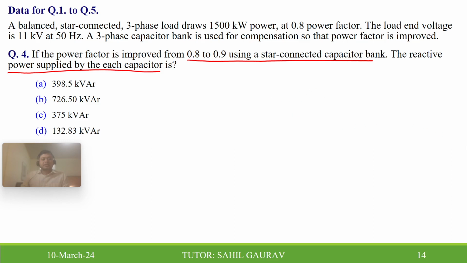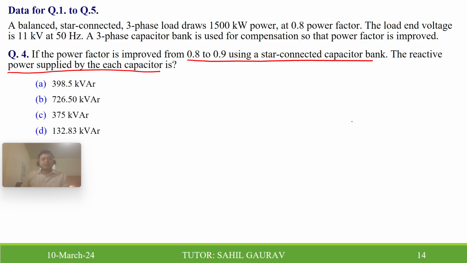So we can make the power triangle, or if you know directly the expression for reactive power in terms of tan theta, you can also solve that way. But the fundamental approach we are going to use is the power triangle.